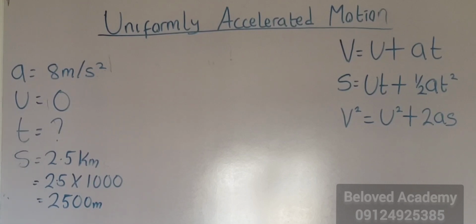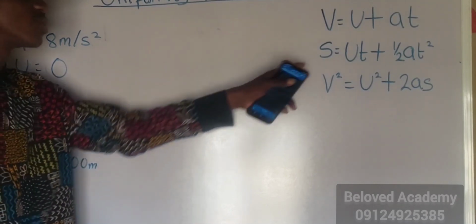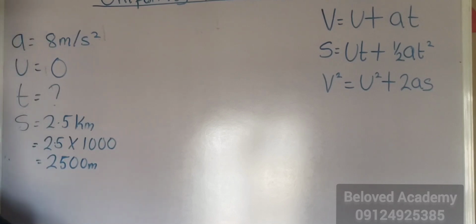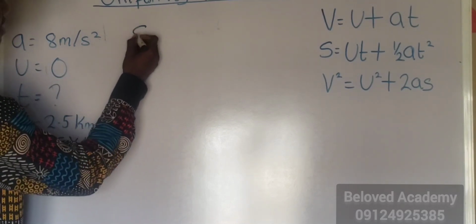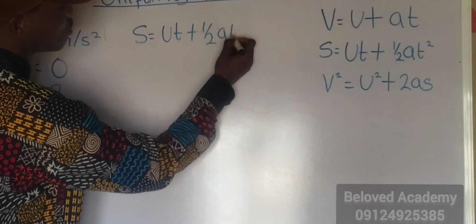Okay, having converted the distance from kilometers to meters, now look at the parameters that we are given. We are given a, we are given u, we are told to calculate the value of t, and we are given s. The most appropriate equation to use is this. Because I've been given the distance, that is s is equal to ut plus half at squared.